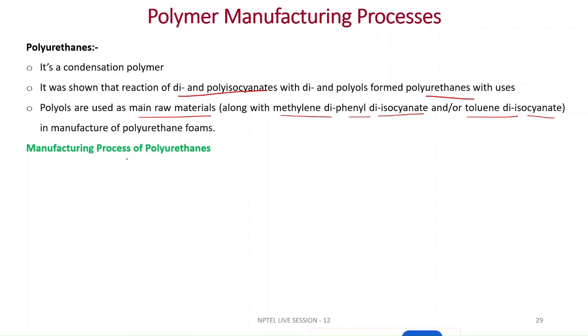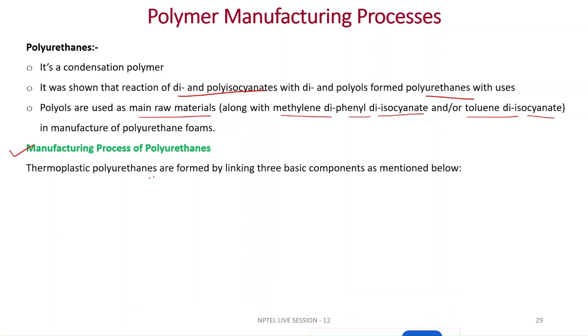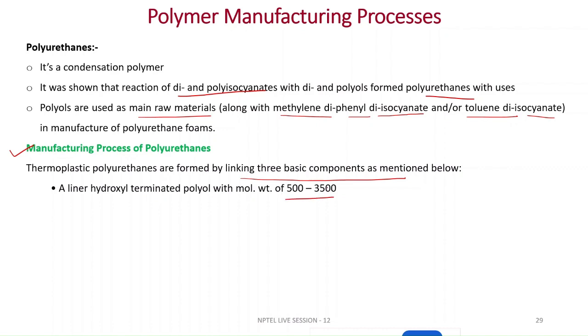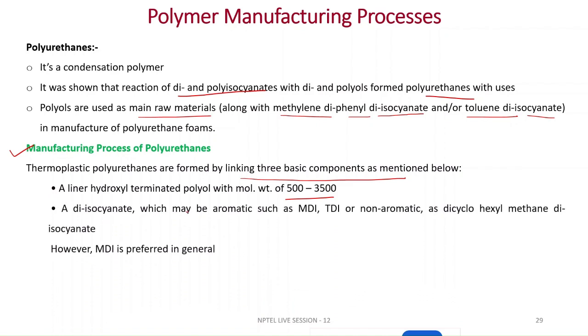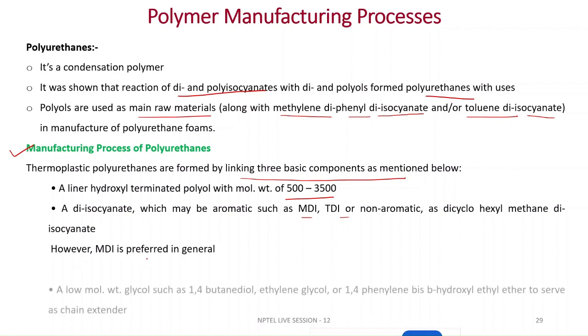So what is the manufacturing process of polyurethane? Thermoplastic polyurethanes are formed by linking three basic components. Number one is a linear hydroxyl terminated polyol with molecular weight of 500 to 3500. Then a diisocyanate, which may be aromatic such as MDI, TDI and others; however, MDI is preferred in general.